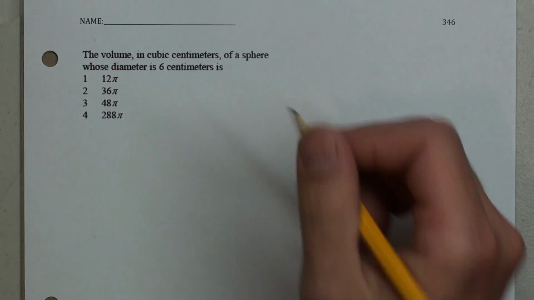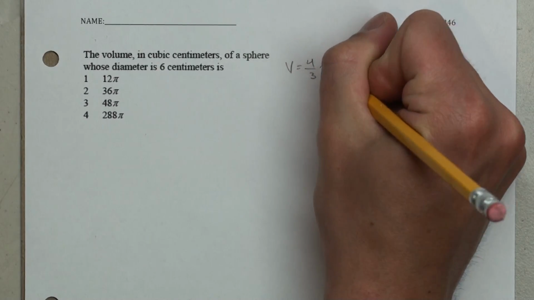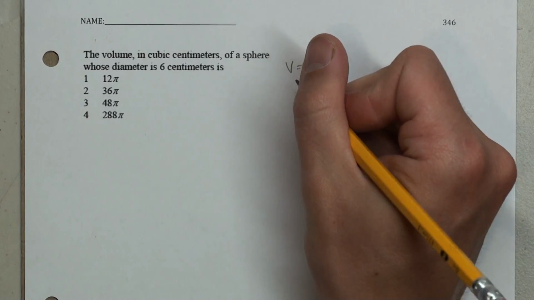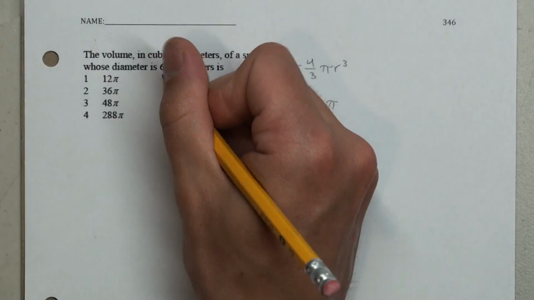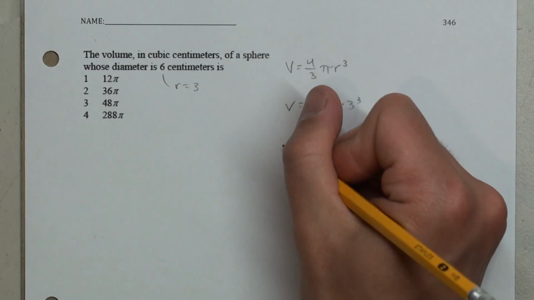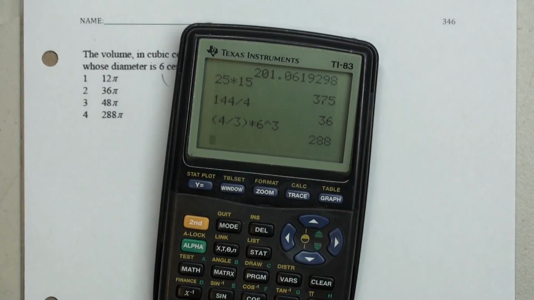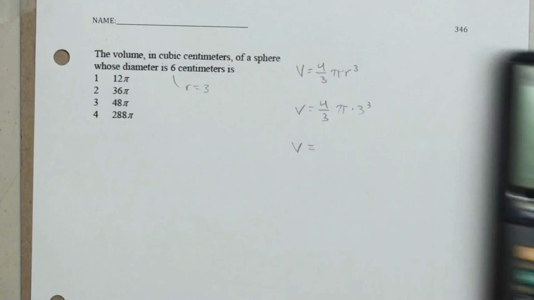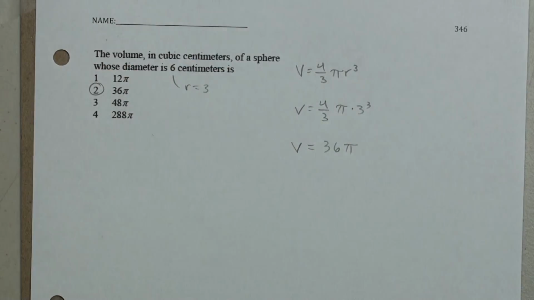The volume in cubic centimeters of a sphere, so I know I need to use this formula. V equals 4/3 pi r cubed, with r equals 3. So V equals 4/3 times 3 cubed times pi, but I want it in terms of pi, so I'm just going to leave it as 36 pi. Choice 2.